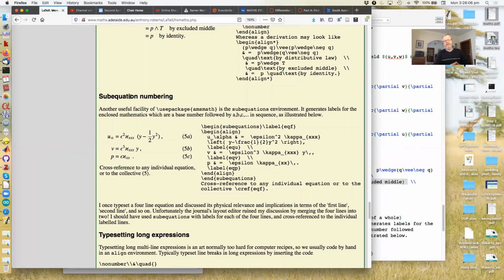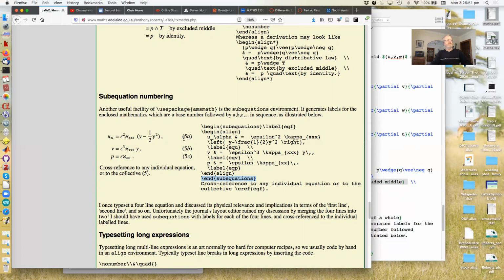Another useful facility that AMS Math gives is the subequations environment. What that does, as you can see here, is generate labels which are a base number followed by the letter a, b, c, etc. in that sequence. And it applies to these three equations because I've put \begin{subequations} before the start of this math, and \end{subequations} after the end of the math.